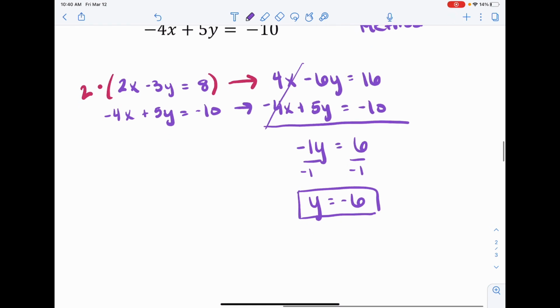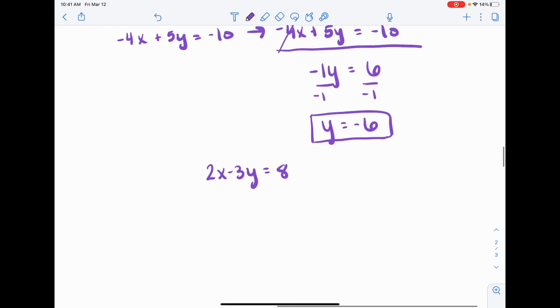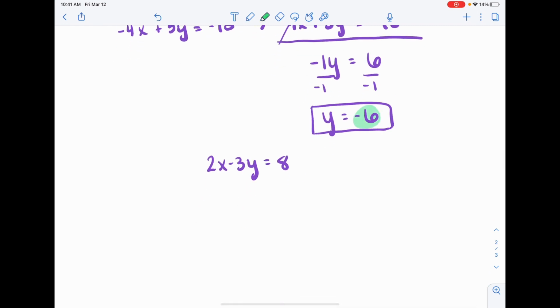Okay, so now I'm going to go ahead and plug that in to one of the original equations. So I'm going to take, let's do 2x minus 3y equals 8. Well, now I know what y is. Y is negative 6, so I'm going to plug that in. So we've got 2x minus 3 times negative 6 equals 8. So that'll be plus 18 equals 8.